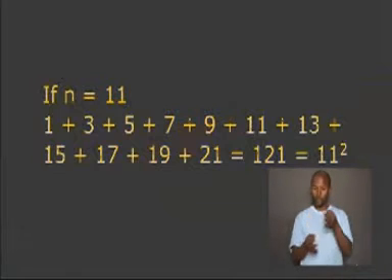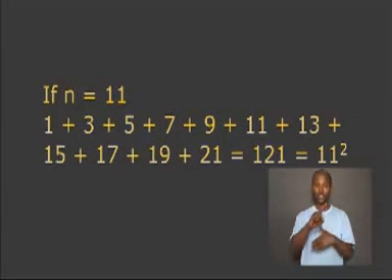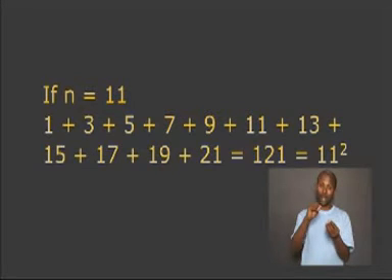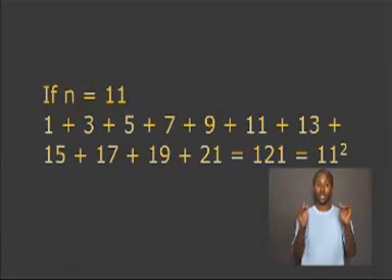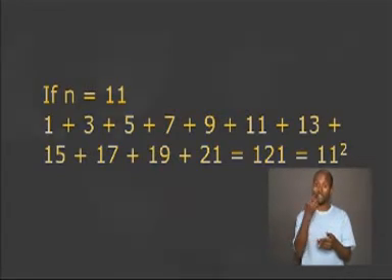If n equals 11, then the sum is 1 plus 3 plus 5 plus 7 plus 9 plus 11 plus 13 plus 15 plus 17 plus 19 plus 21. This sum equals 121, which is 11 squared.